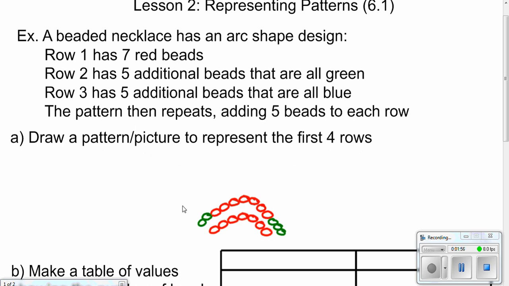Okay, and then the next row again has the same, but then it adds 5 blue. Okay, and so on and so on. And then you can draw the 4th row. I'm not going to draw the 4th row. You can draw the 4th row.